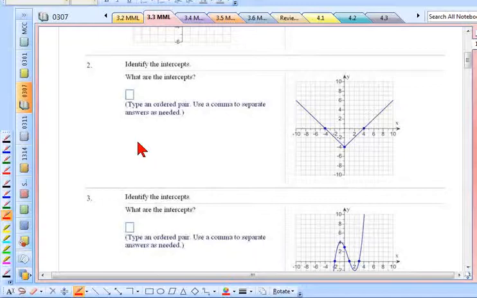How many answers am I going to have? How many intercepts do you see? 3. I see 3. Do them in whatever order you please, but you're going to have to name these. So here's an x-intercept. What's the ordered pair?